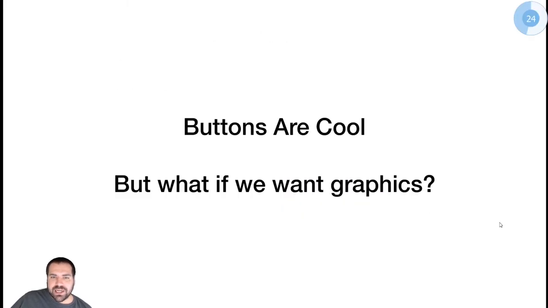So we got some good functionality there, and that's cool and all, but what if we want graphics? You're pretty limited if your app only contains these GUI elements: buttons, text fields, text areas, radio buttons, checkboxes, things like that. We can do all that. I'm not going to go through each type of element, but as I mentioned last time, there are tons of tutorials.